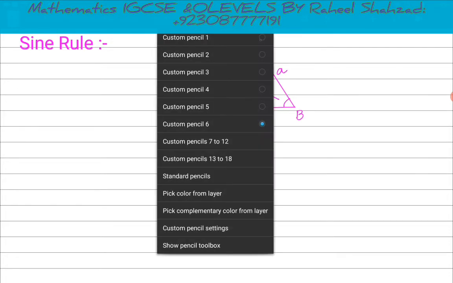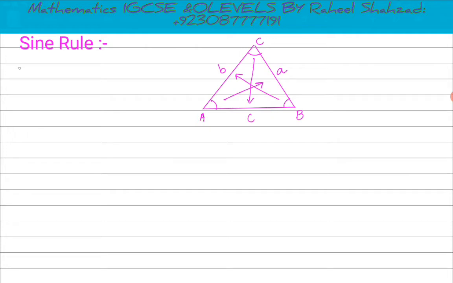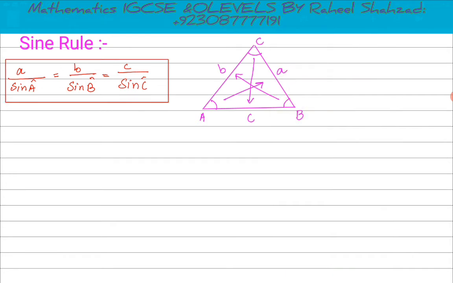If we express the formula, it is a divided by sine A is equal to b divided by sine B is equal to c divided by sine C. This is the formula known as the sine rule, which relates sides and the sine of the angle opposite to that side of the triangle.